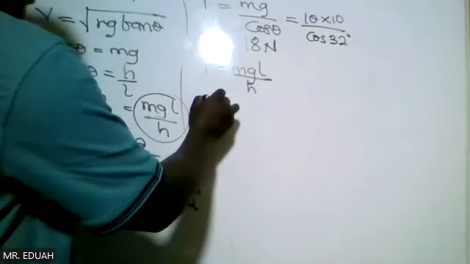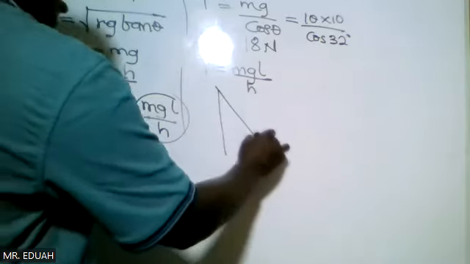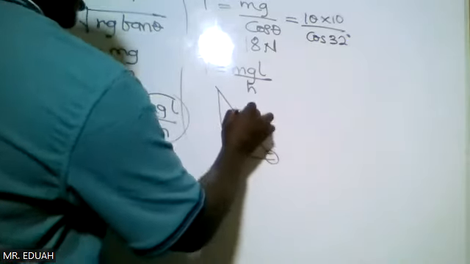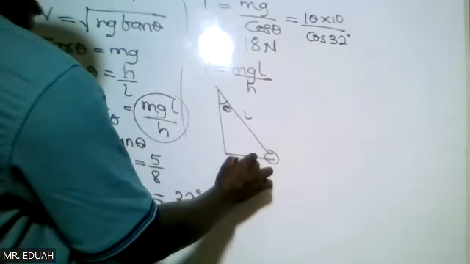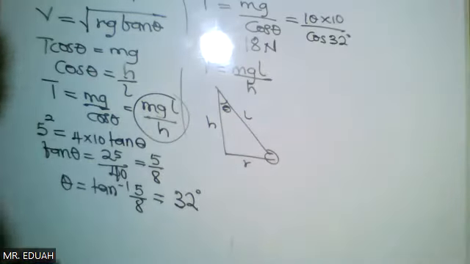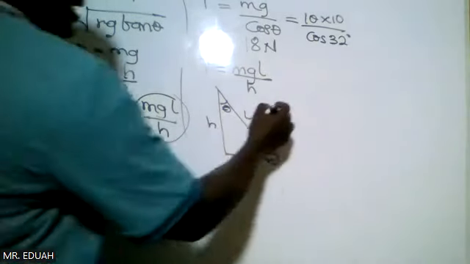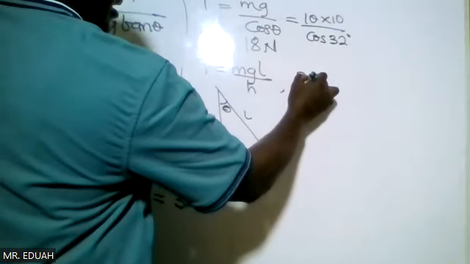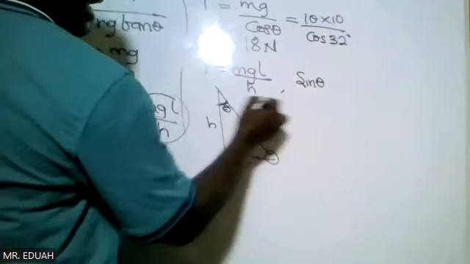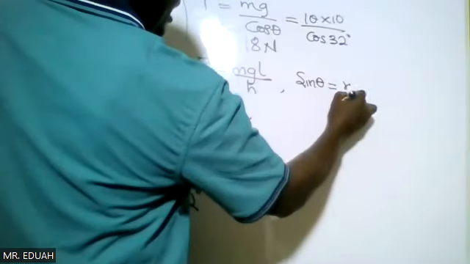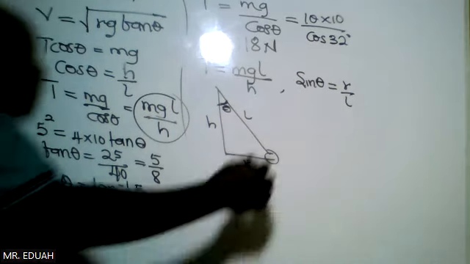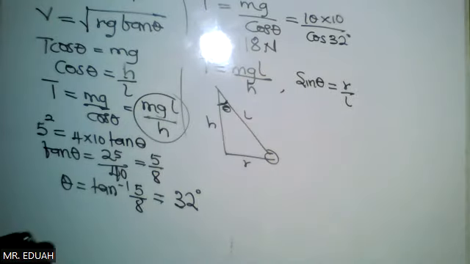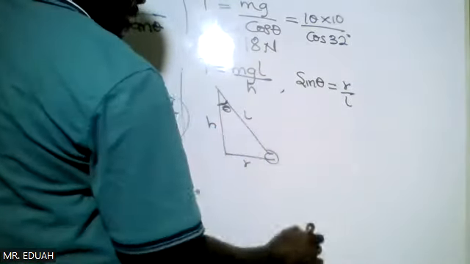In a conical pendulum, L is here, theta is here, R and H here. If you take sine of theta, sine theta is equal to R on L. Meaning, if I know the radius and the angle of inclination, you can easily determine the length of the string.